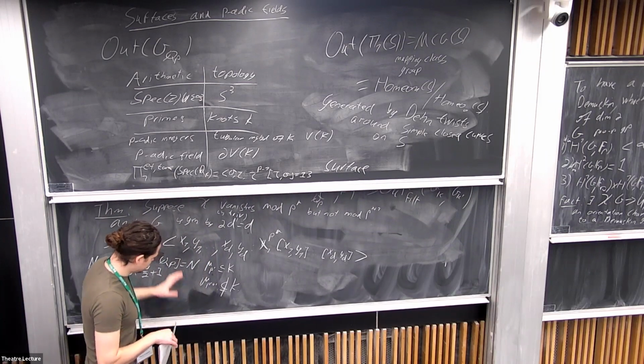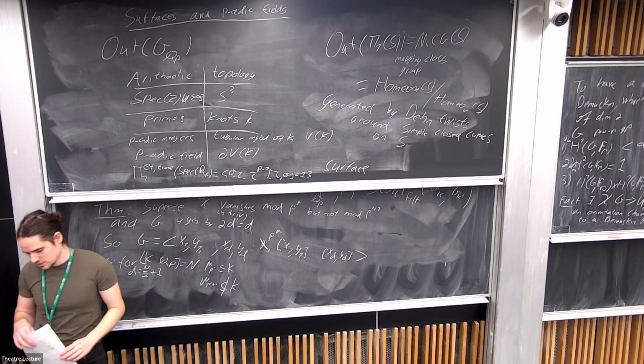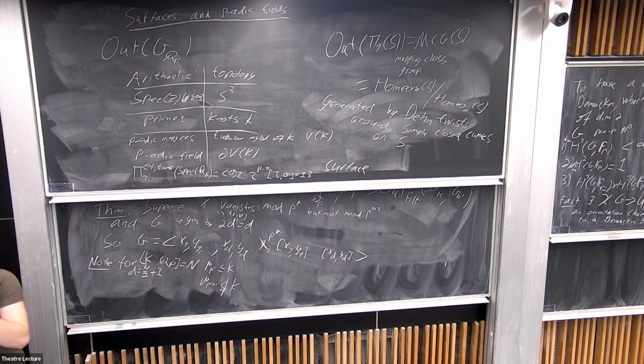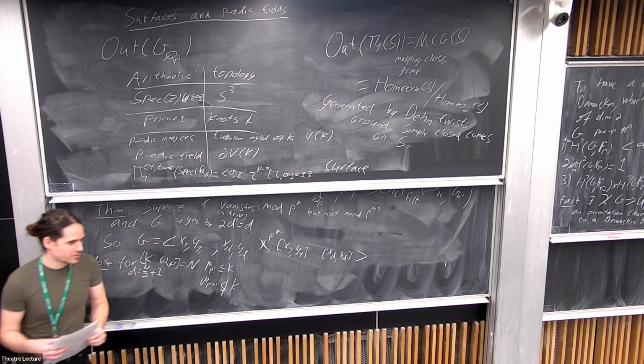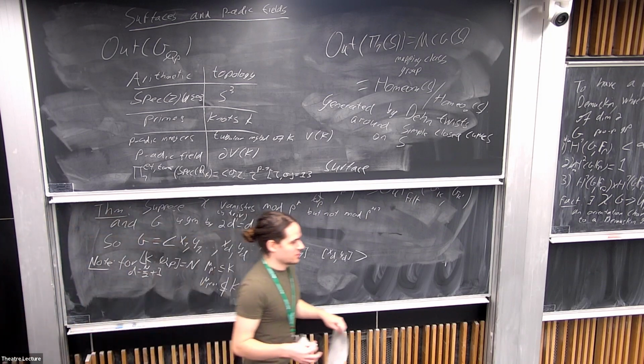Okay, so we have these Demushkin groups, and then the question is, what would be a Dehn twist? And so I guess the first question is, what would be a simple closed curve?